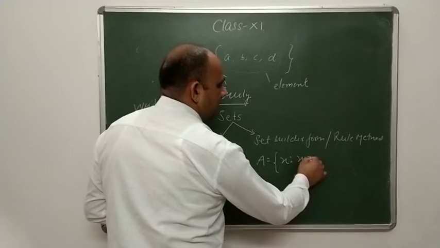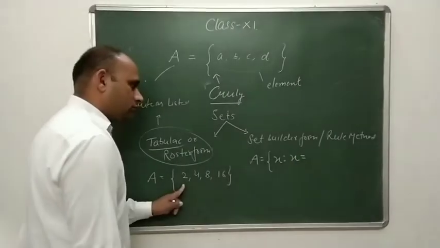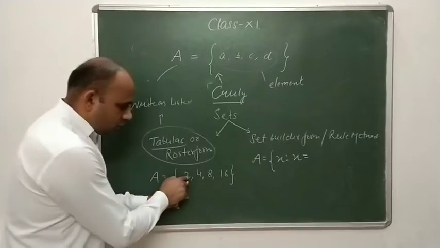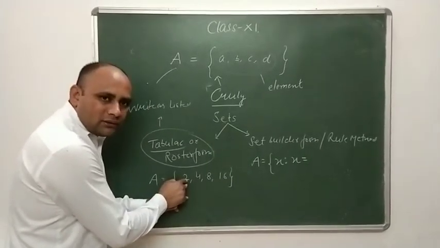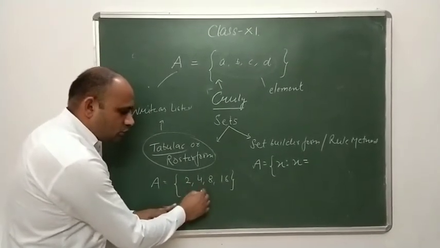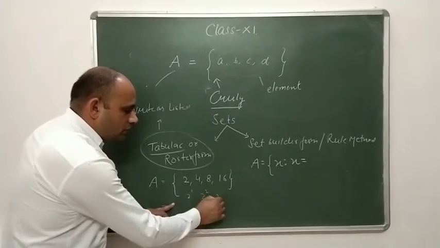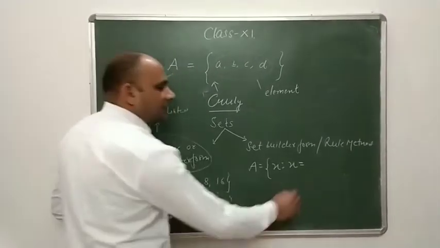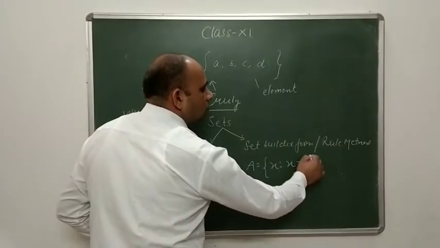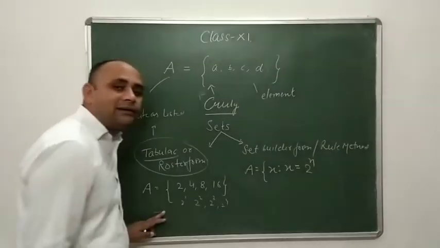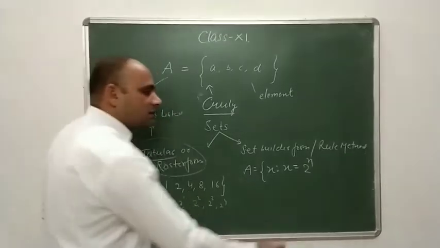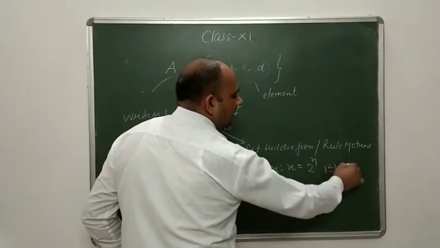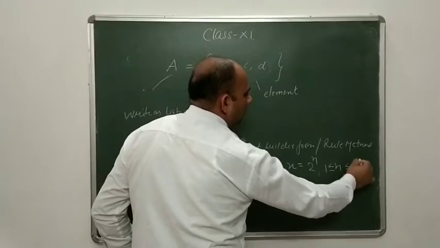Such that x is equal to, what will you write? You know, here 2 raised to power 1, 2 raised to power 2, 2 raised to power 3, 2 raised to power 4. So we can write x is equal to 2 raised to power n, and where n is greater than equal to 1, less than equal to 4.